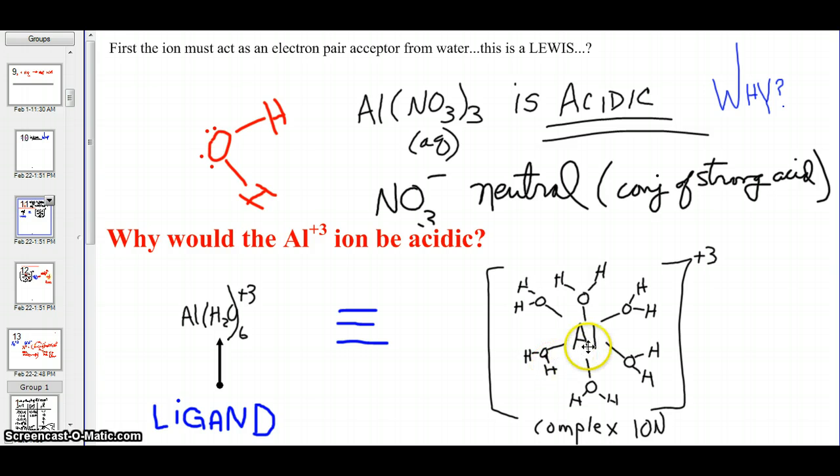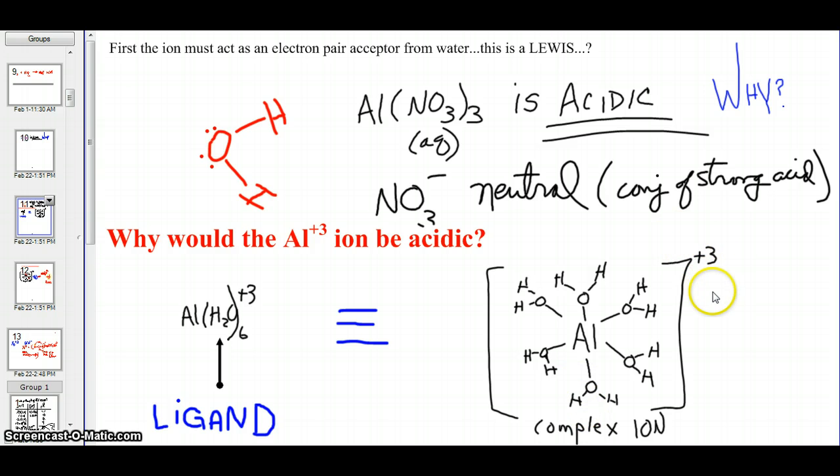In hemoglobin, it's an iron ion that's sandwiched inside. And these ligands are actually good examples of Lewis acids and bases, and oftentimes transition metal ions as well as aluminum ions serve as Lewis acids, electron pair acceptors.